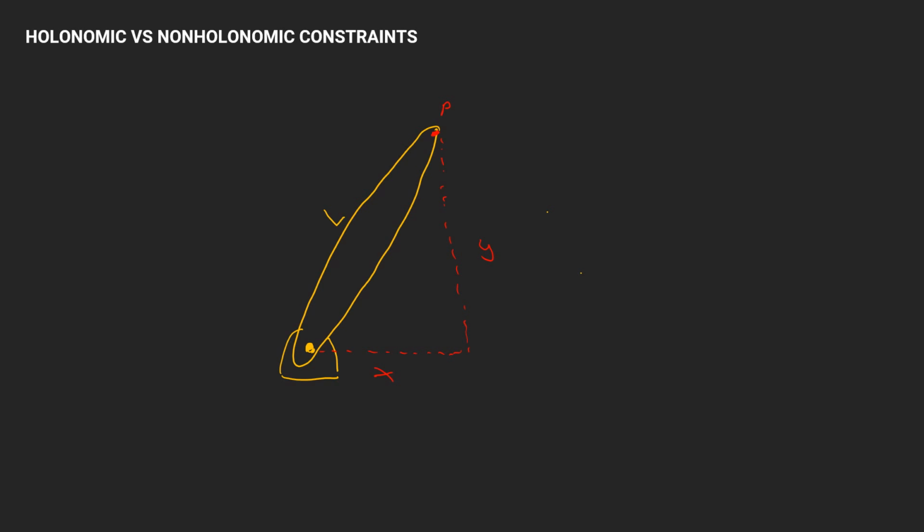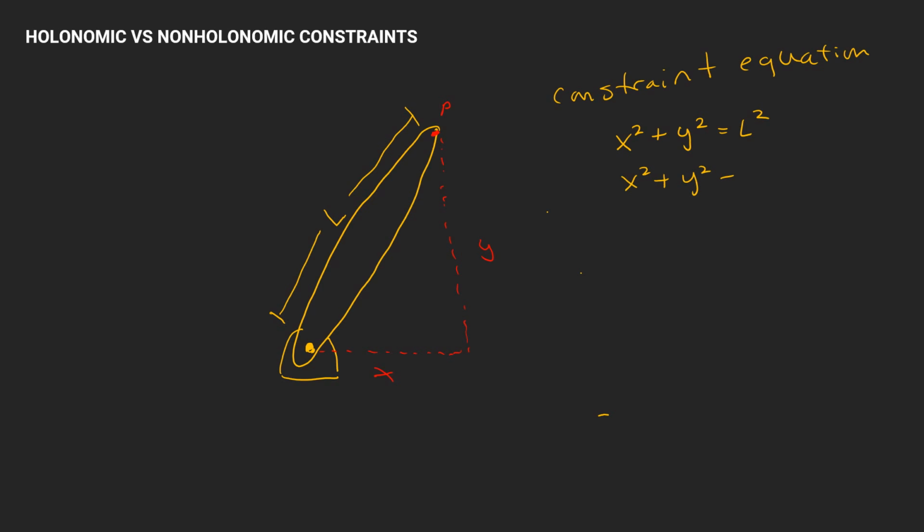Say the length of this rigid rod is L. The constraint equation is x squared plus y squared equals L squared, or just rewritten a little differently, x squared plus y squared minus L squared equals 0. And this comes from the Pythagorean theorem, right?